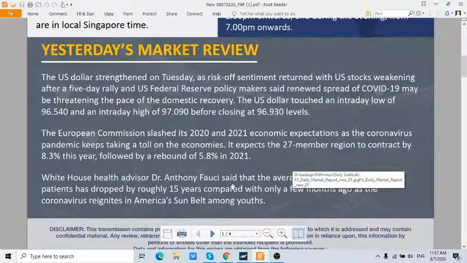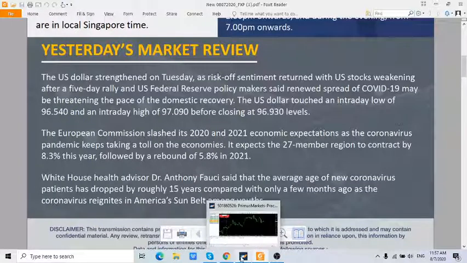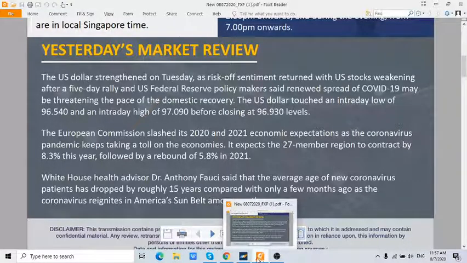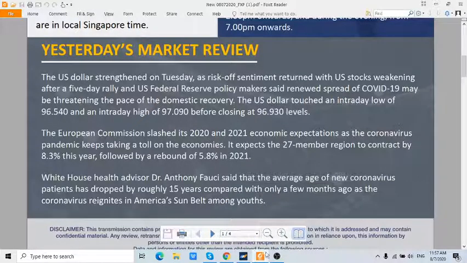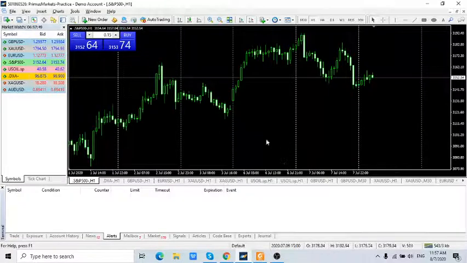And of course, the second major factor would be the situation between China after imposing the Hong Kong security laws. Especially countries like the US are looking to impose certain sanctions to sort of punish China for imposing those national security laws.